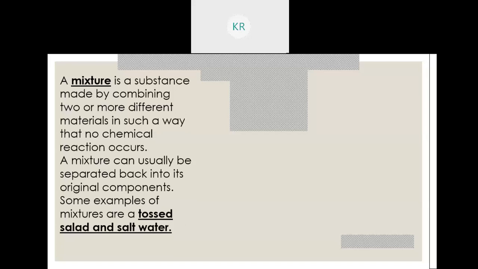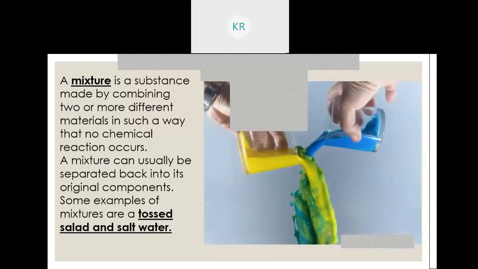Here you can see in the slide, a mixture is a substance made by combining two or more different materials in such a way that no chemical reaction occurs. A mixture can usually be separated back into its original components. Some examples of mixtures are tossed salad and salt water.